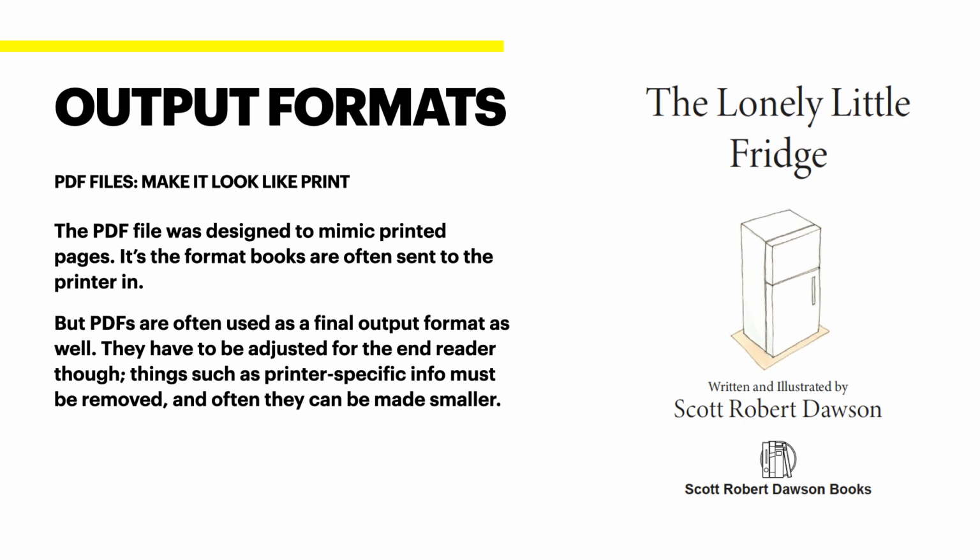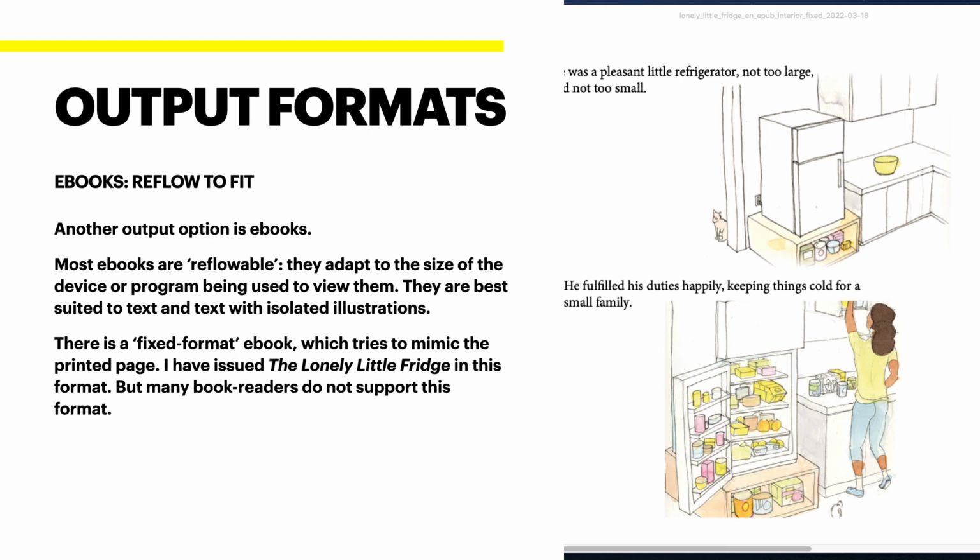Another output format is the ebook. And ebooks, most of them are text only, and they reflow to fit the size of the screen of the device that you're looking on, your phone or a window on your computer screen. So it doesn't have a concept of fixed pages.